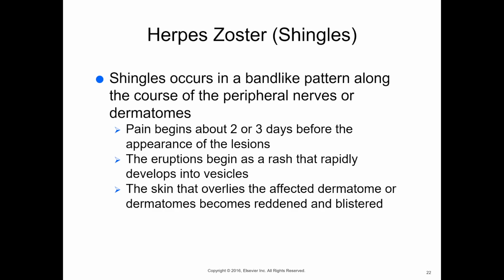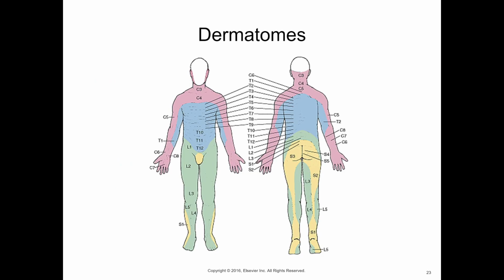The first symptom that the person starts to experience is pain in a dermatomal fashion. Okay, so as you'll see here, dermatomes. Dermatomes are not 100% consistent between everybody, but there are standard patterns of the body's development.